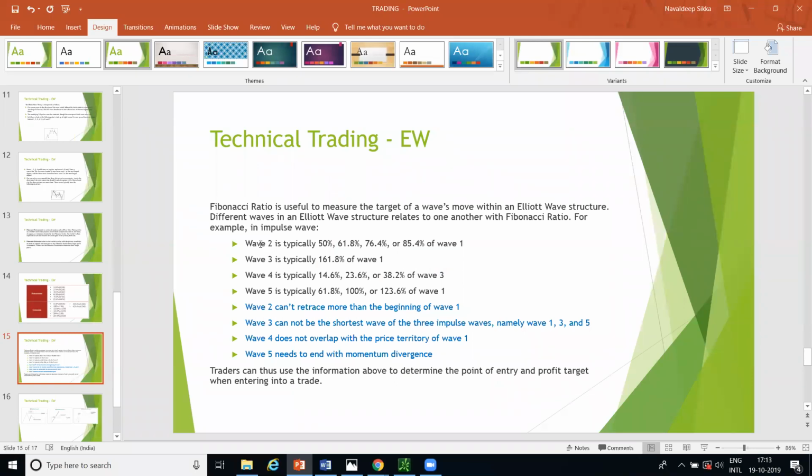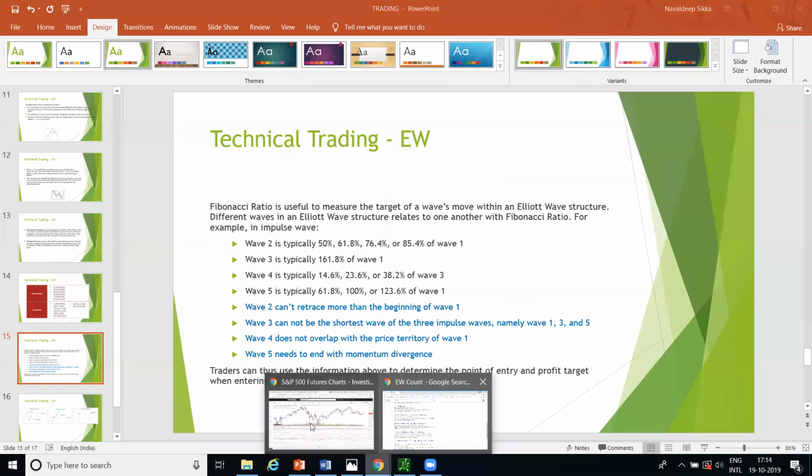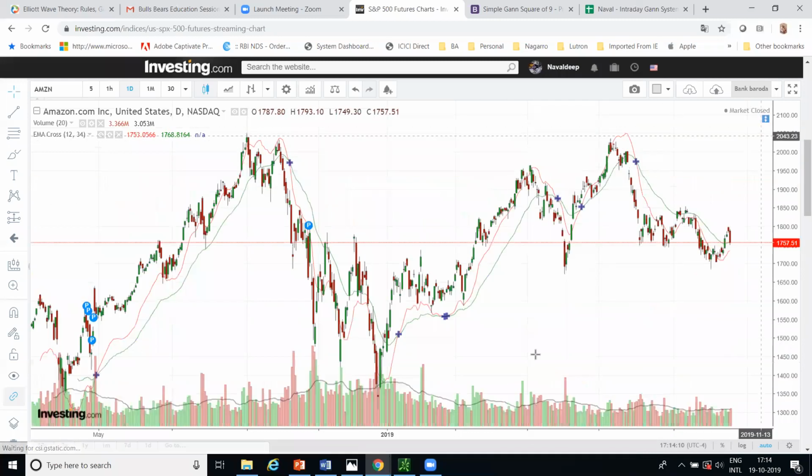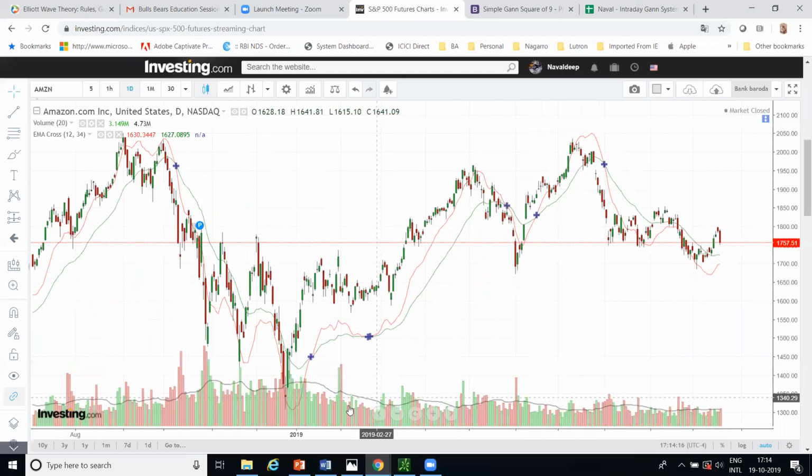So wave 2 is typically 50%, 61.8, 76.4, or 81.4 of wave 1. So if we start to draw, let's say I take this one. Okay. So this is the bottom on this chart.